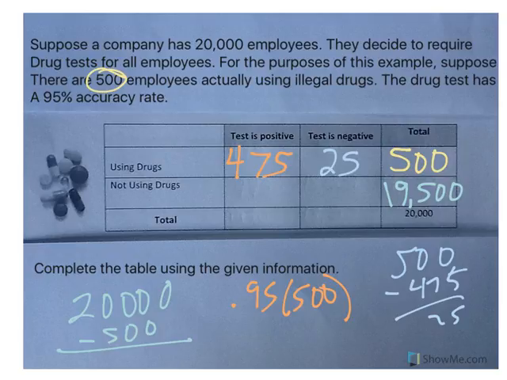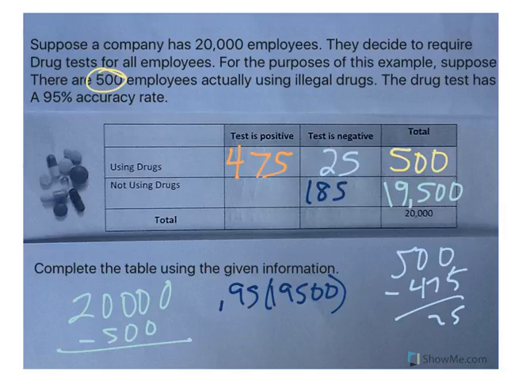Okay, now let's go the other way. If you are not using drugs, you expect to test negative, right? You're clean. You've been drinking water and eating salads and not shooting up heroin between your toes. So this is where the 95% times whatever goes in. I'm going to take 95% times my 19,500, and 18,525 people are going to test negative.